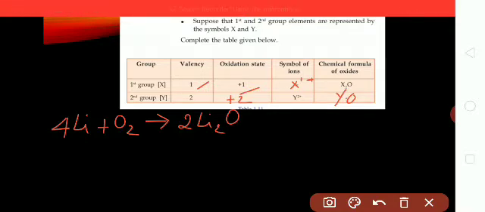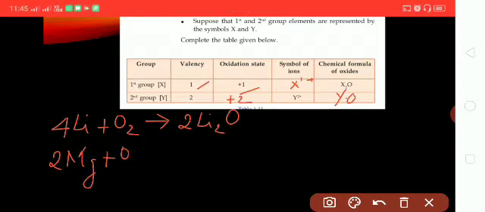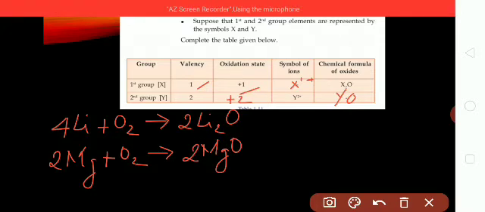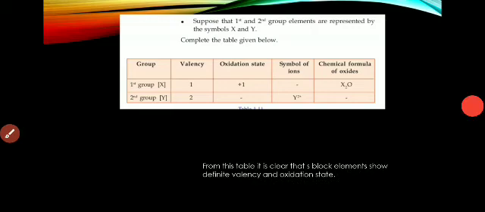If we consider an example of magnesium reacting with oxygen, that is 2Mg reacting with O2 gives 2MgO. So from this table, it is clear that the S block elements show definite valency and oxidation state.